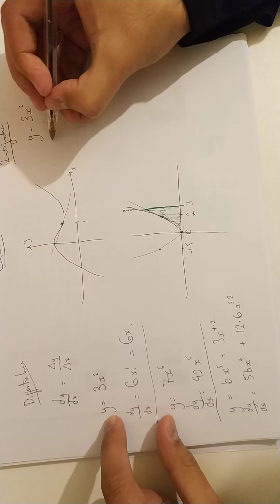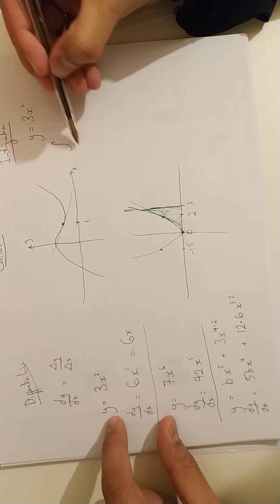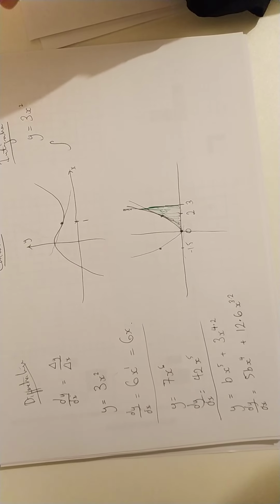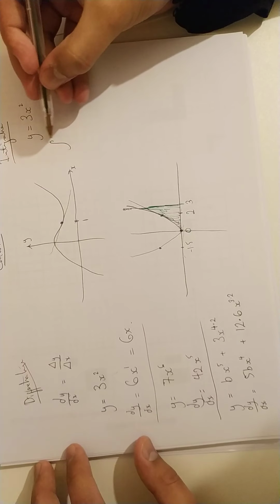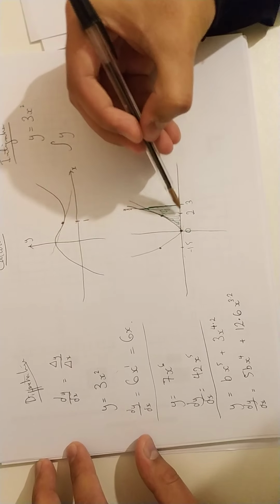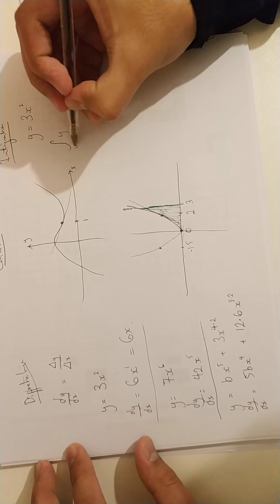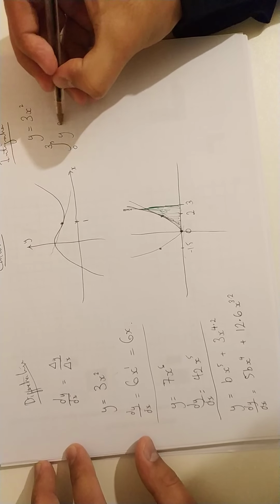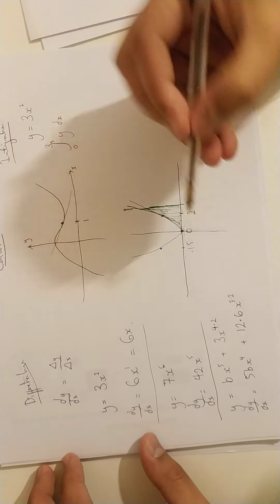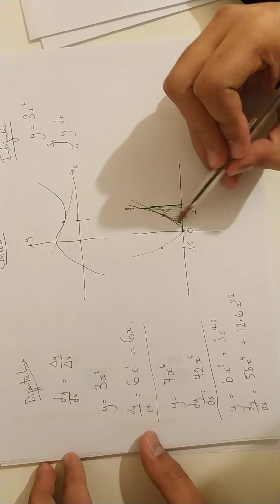So I'm going to integrate. We say that's the integral function. I'm not sure exactly what you call that, but you integrate y between the two x coordinates, 0 and 3, with respect to x. What that's doing is adding up all these heights.